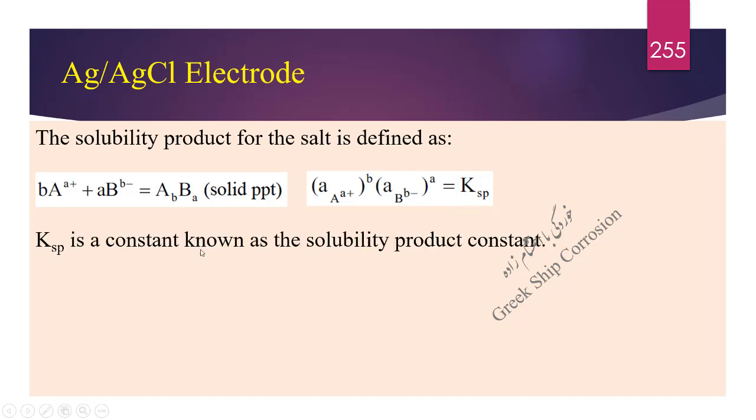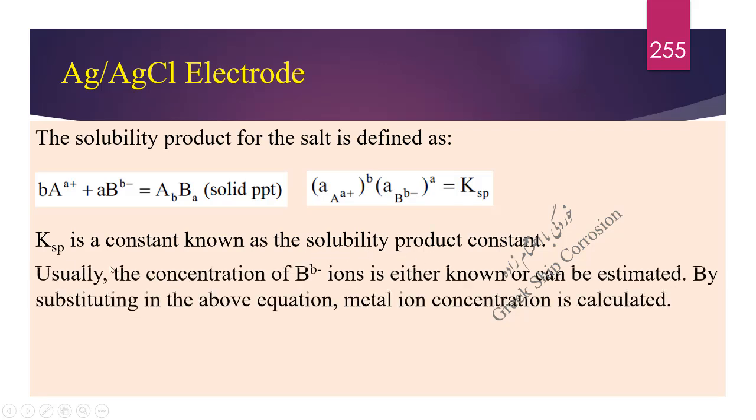Ksp is a constant known as the solubility product constant. Usually, the concentration of B^(b-) ions is either known or can be estimated. By substituting in the above equation, the metal ion concentration is calculated.